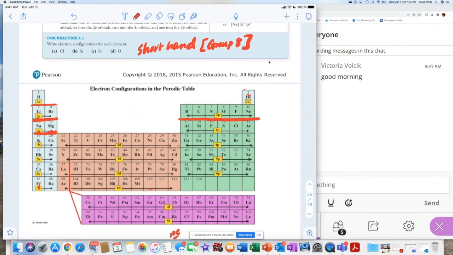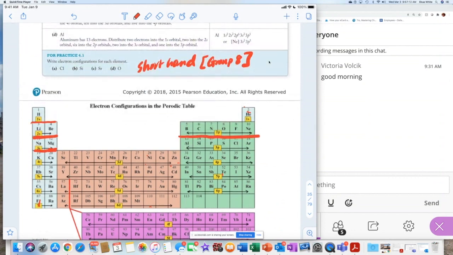The group 8 element takes care of, or represents, the number of electrons we have up to that element. And then the remaining configuration. So you write the group 8 element in brackets and then finish up the remaining configuration.